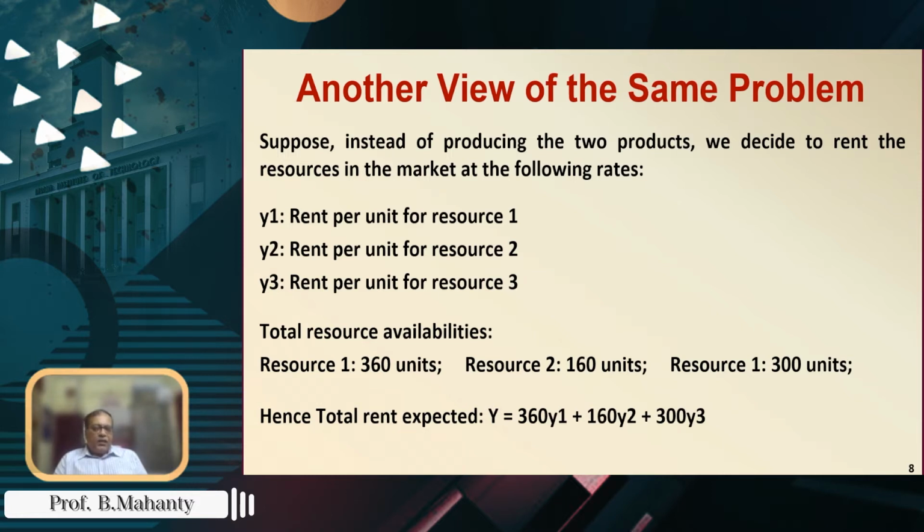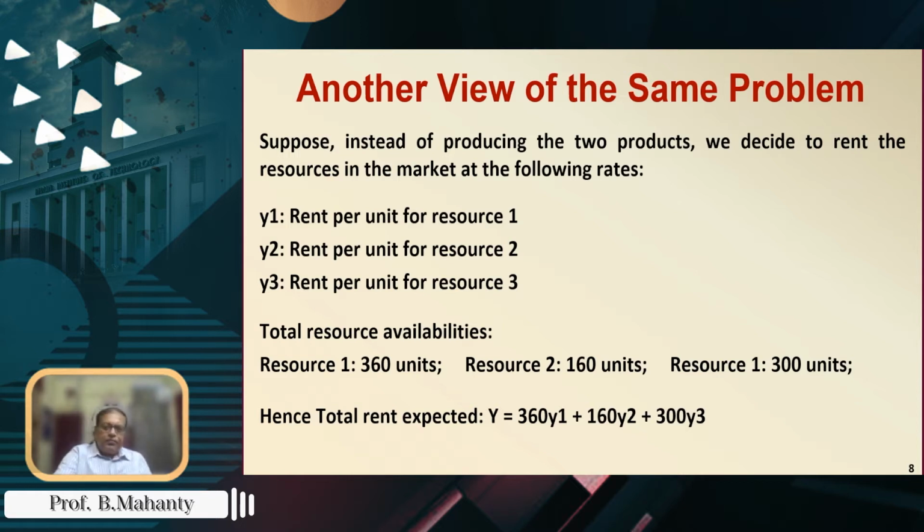Now you see, if we try to make as much rent as the profit that we are getting, then you have to ensure that the resource required for producing 1 unit of product 1 and the profit that you are getting for 1 unit of product 1 should match.